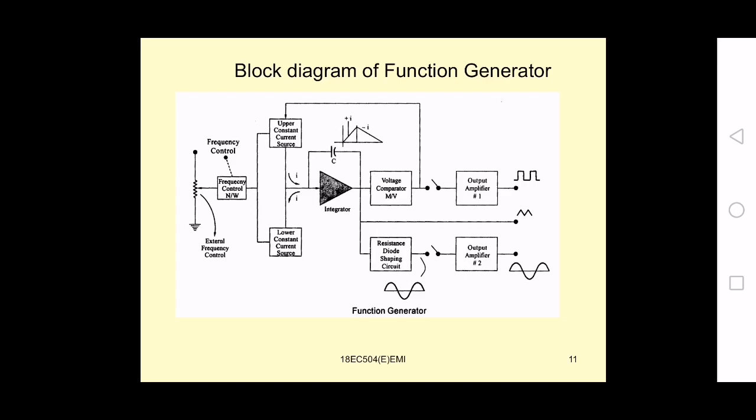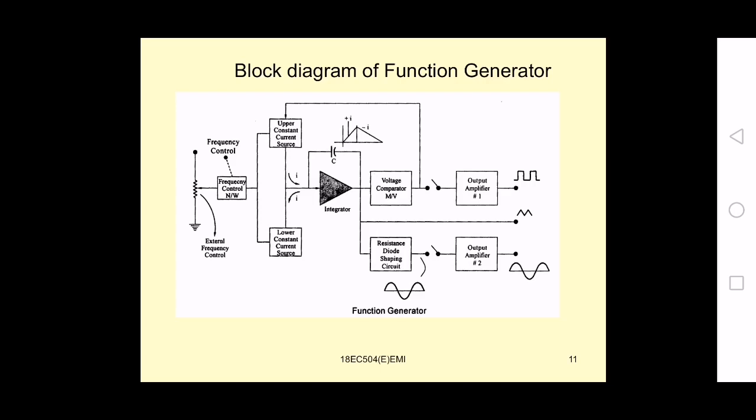So the frequency is controlled by the current that is coming from the upper constant current source or lower constant current source. These two current sources are driving the integrator.